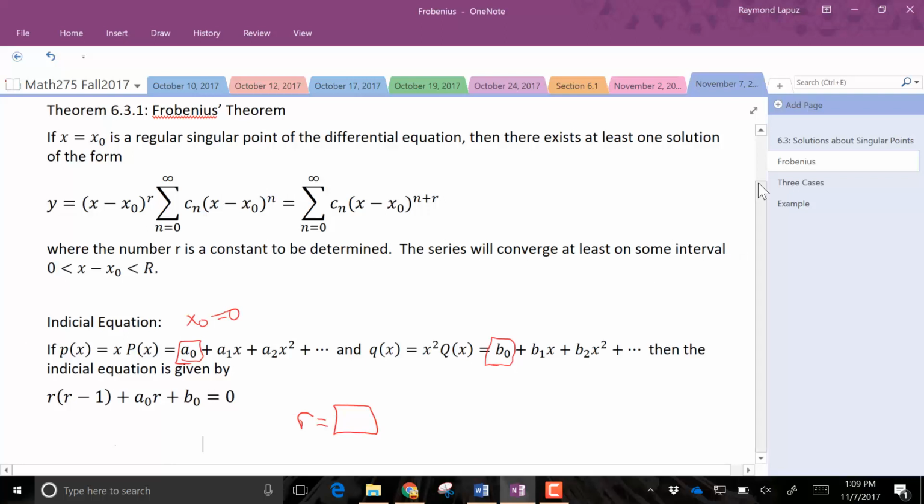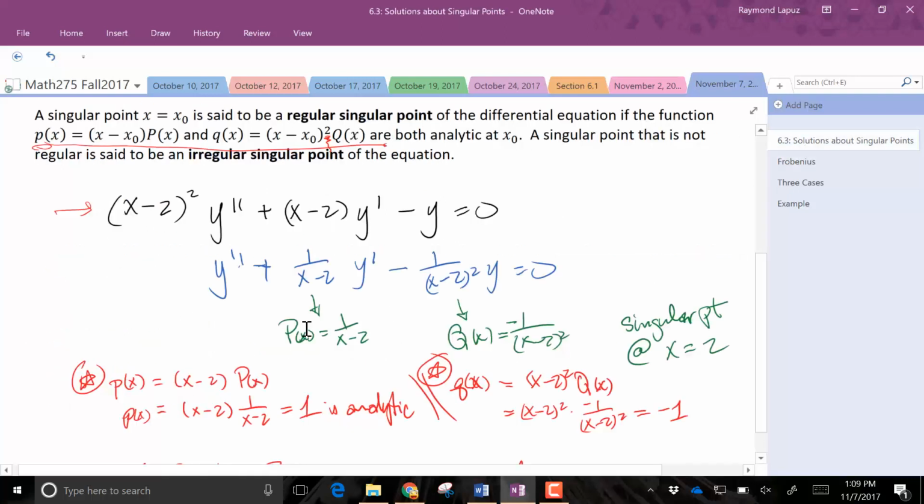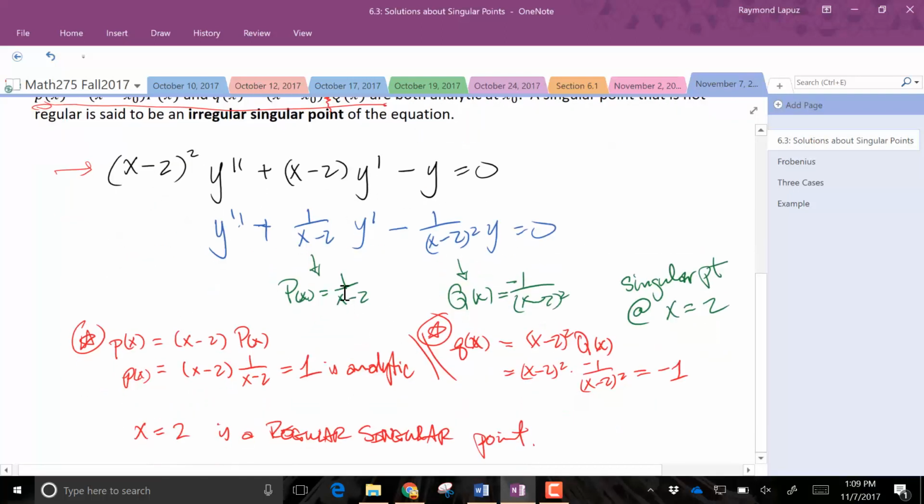Maybe, maybe not, because remember in our example, if it's going to be a regular singular point when you multiply it, this is our p of x in our example, and little p of x becomes 1, so it has to be analytic, right? It might be possible that the constant term is actually 0 because every term has an x.